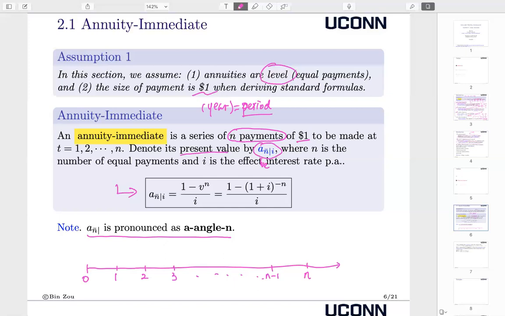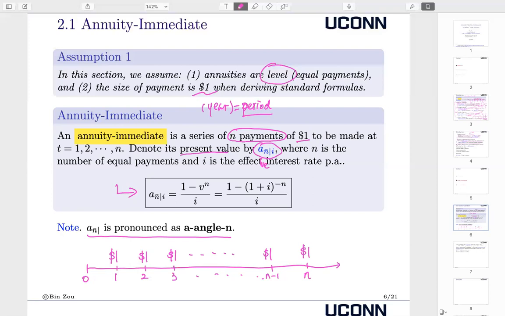So each number denotes the end of that period, okay, not the beginning. I'm supposed to receive $1 at time 1, 1 at time 2, 1 at time 3, and so on until year n. So in total, I will receive n payments. All of them will be made at the end of each year.